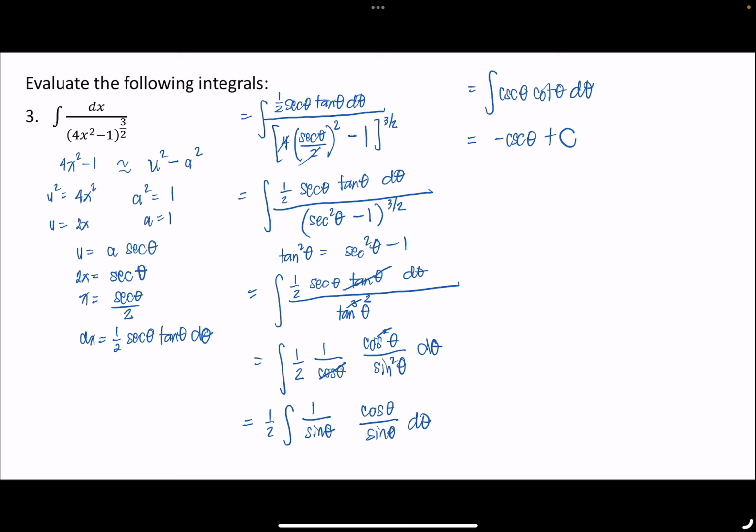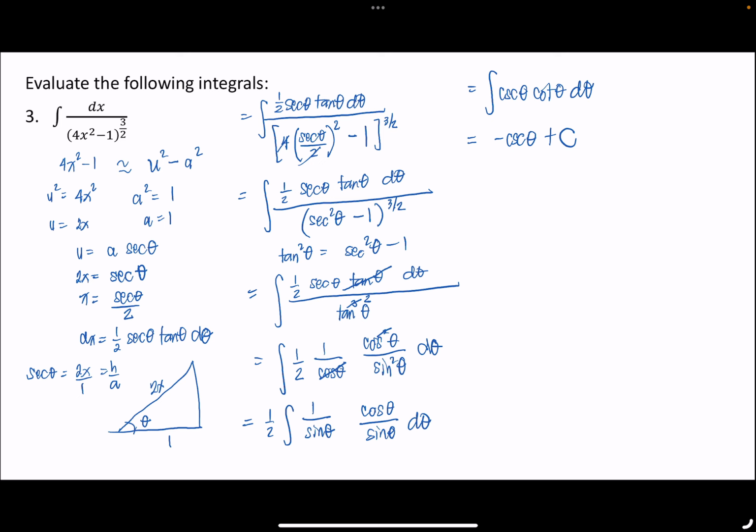Let's form our triangle. So we have secant theta is 2x over 1. So our triangle would be with an angle theta. Adjacent over hypotenuse is for cosine. For secant, it would be hypotenuse over adjacent. The hypotenuse is 2x.